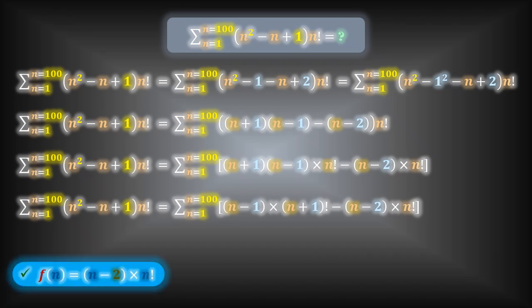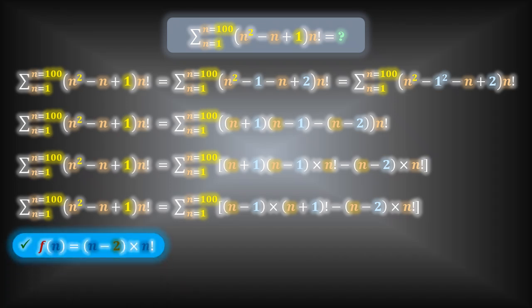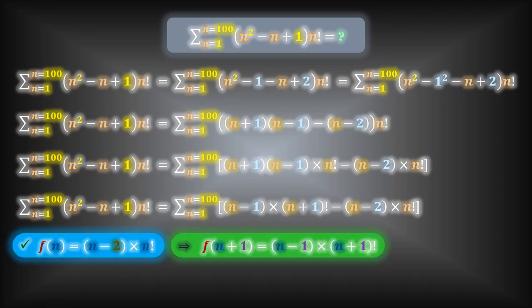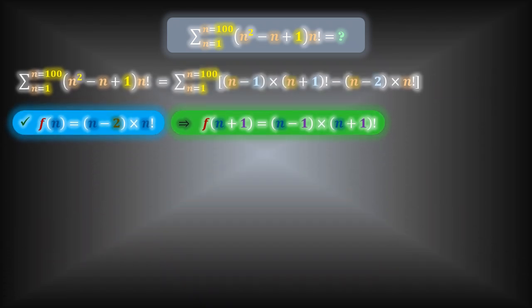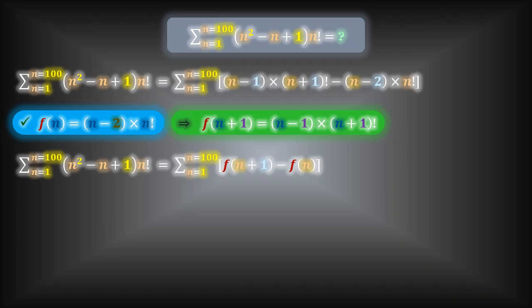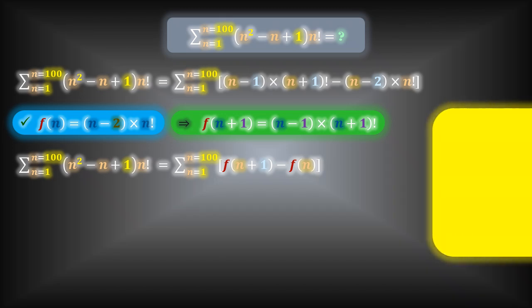Let us define a function f of n equal to n minus 2 all times n factorial. Then f of n plus 1 is equal to n minus 1 all multiplied by n plus 1 factorial. So our sum becomes the sum from n equals 1 to 100 of f of n plus 1 minus f of n.